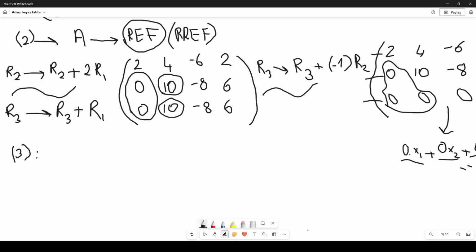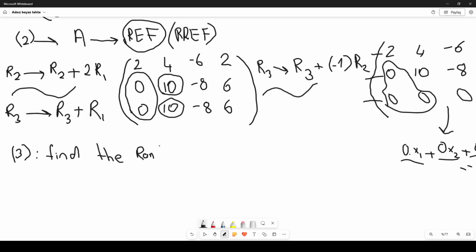The third step is this. We find the rank of the system. We know what the rank is.